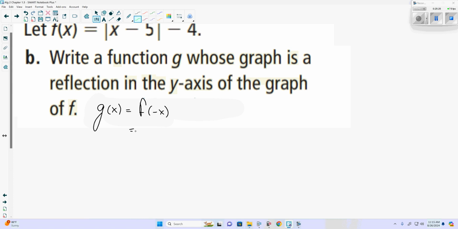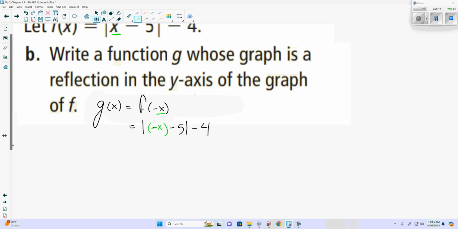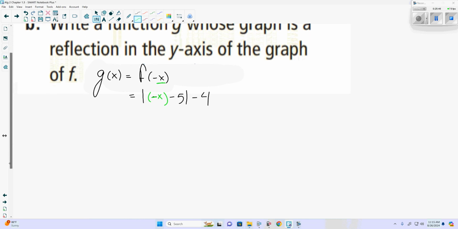So we would, in essence, replace every x in f of x with negative x. So we'd have absolute value negative x minus 5 minus 4. Since there's nothing in front of the parentheses, it'll just say negative x minus 5.